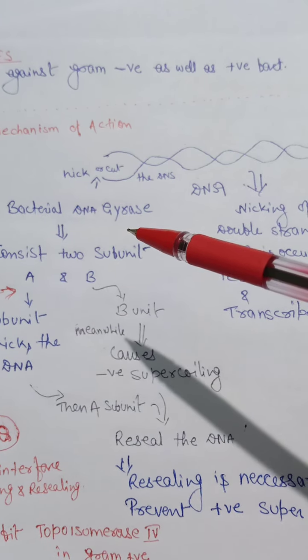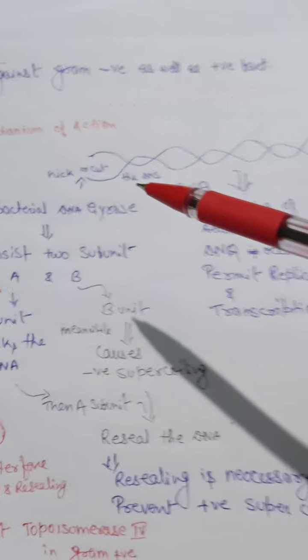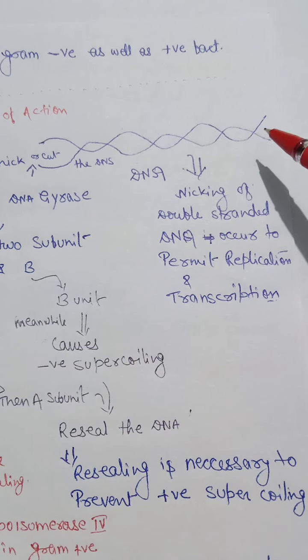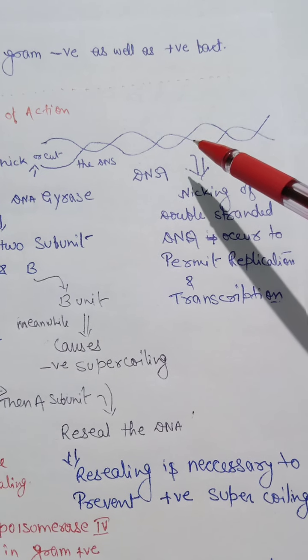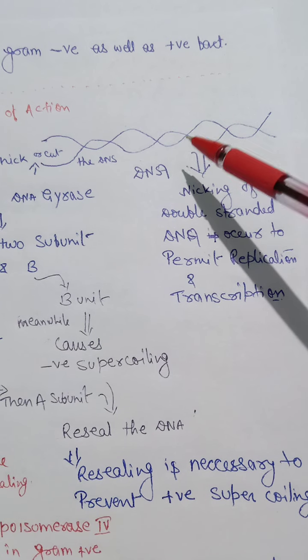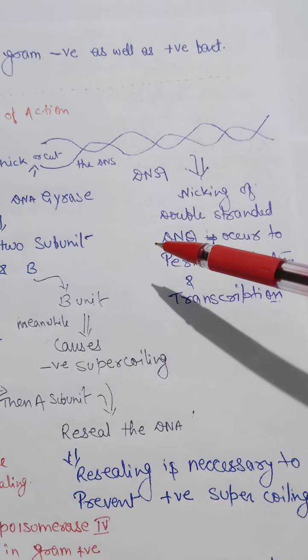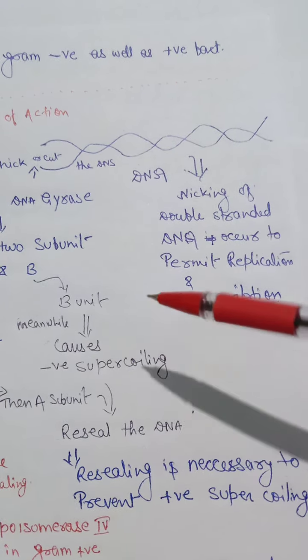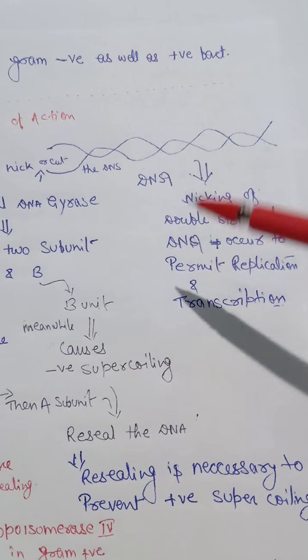What does this bacterial DNA gyrase do? As shown in the figure, these are the DNA molecules. From one DNA, replication and transcription occur to form daughter DNA, and again from one DNA another daughter DNA is synthesized.